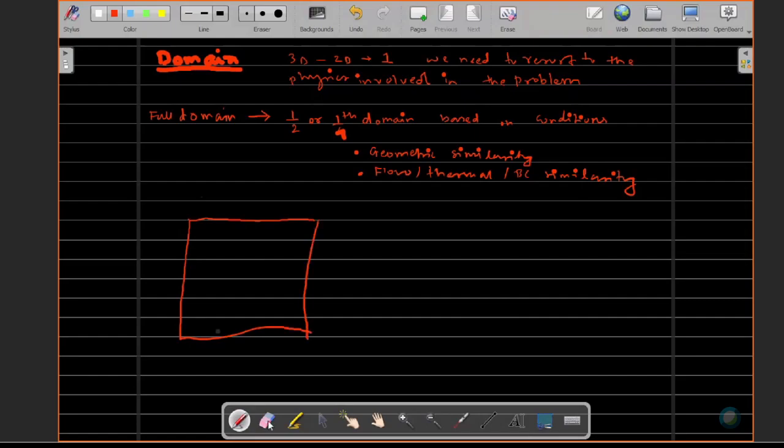So assume that this is a square plate, even though lines are not straight, let me draw the curves.